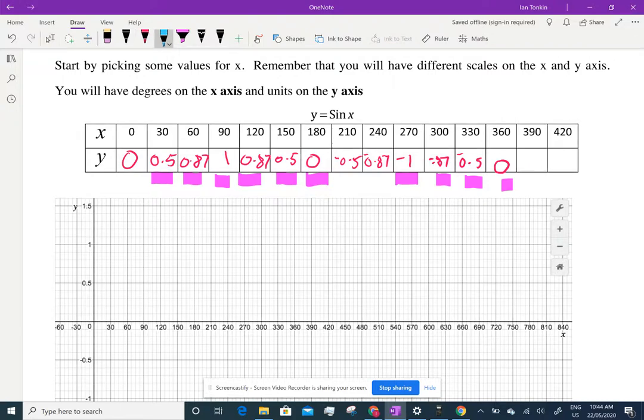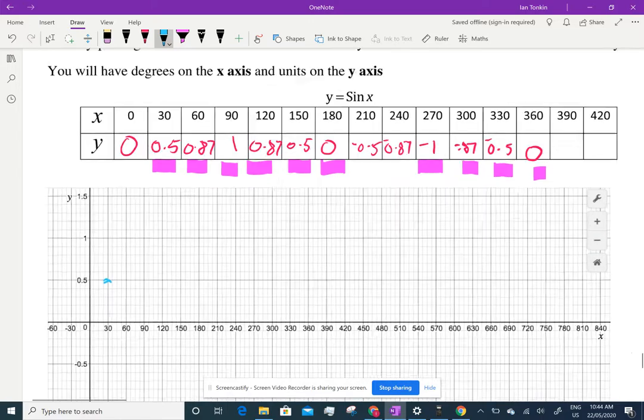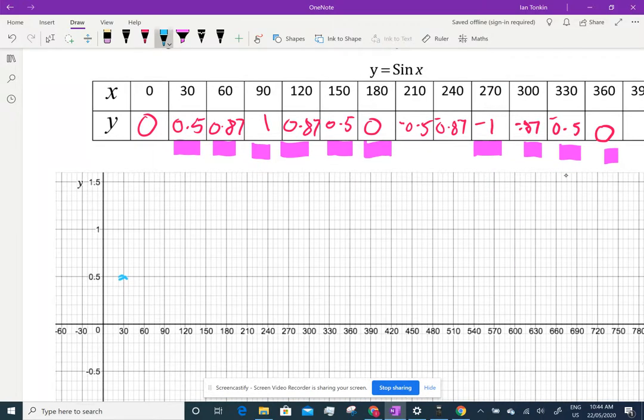So I'm just going to plot some points. So I've got that point. 60 was 0.87. So let's zoom in a bit here. 0.6, 0.7, 0.8, 60, 0.87. There. Sine 0 was there. 180, 0.